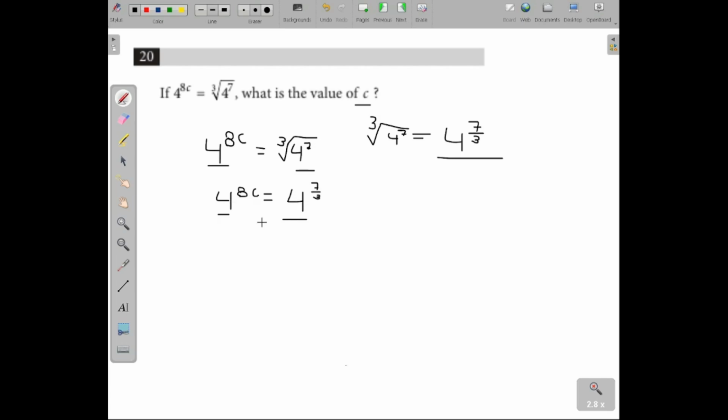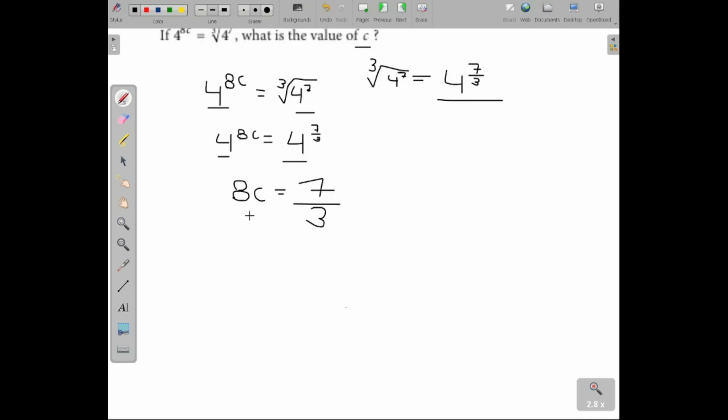Now, if we have the same base, then the exponents have to be the same, which means that 8c will be equal to 7 divided by 3. Now we can divide everything by 8.